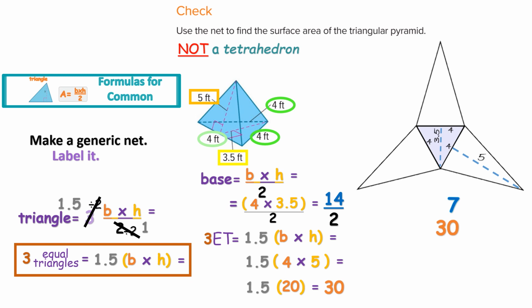Then I can add my 30 and my 7, because surface area is finding the total area that covers the surface of the entire shape. When I add those together, I get 37. What's my measurement? I look at my original diagram and it's feet, so I'm going to have square feet because I found surface area.